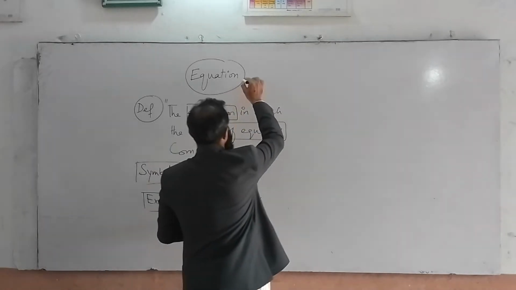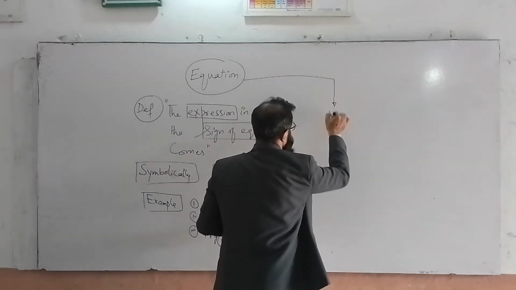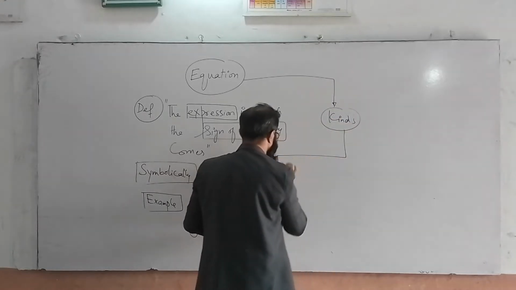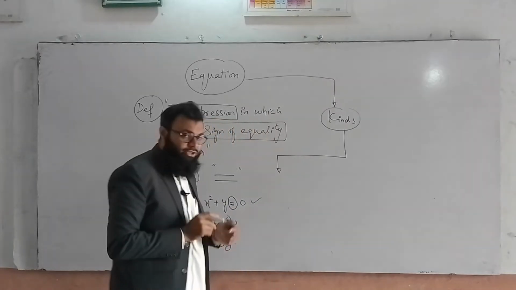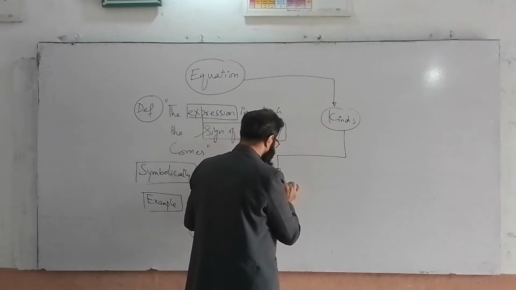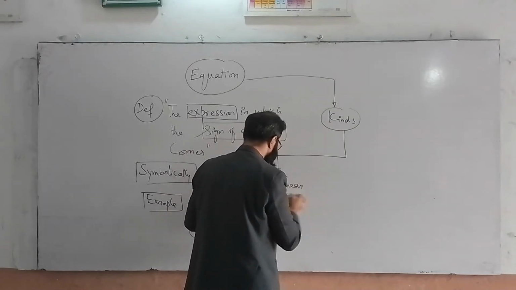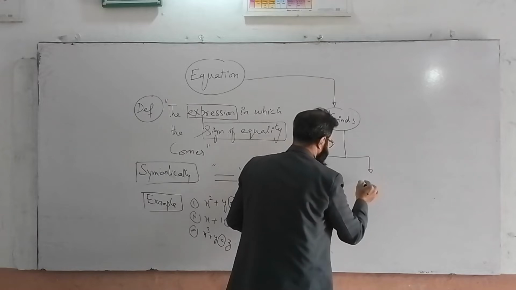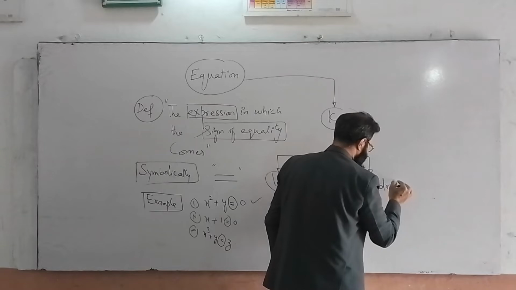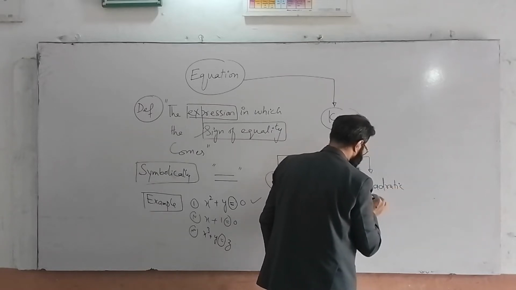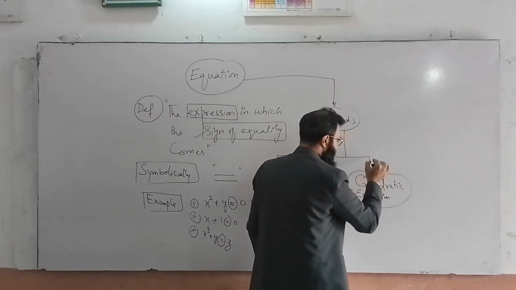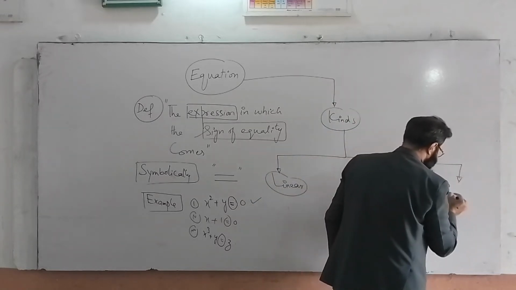Now we move towards the classification, the kinds. How many kinds of equation are there? Equation can be classified into three: linear, quadratic, and cubic.